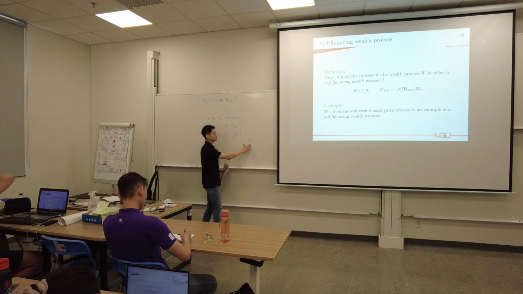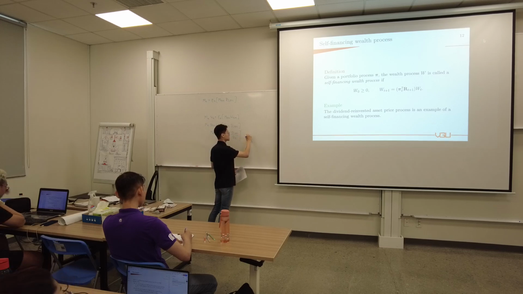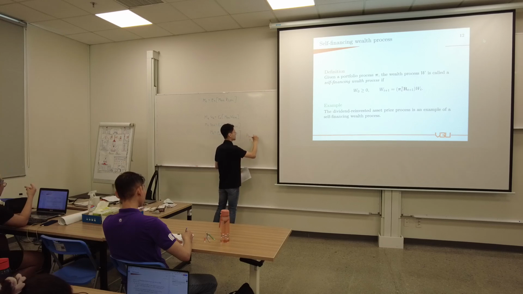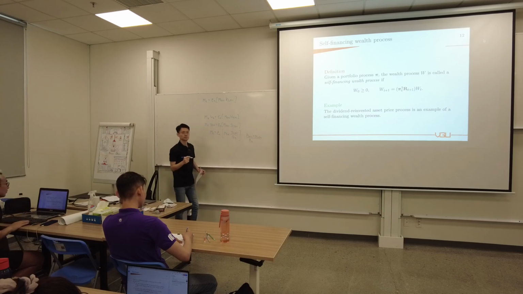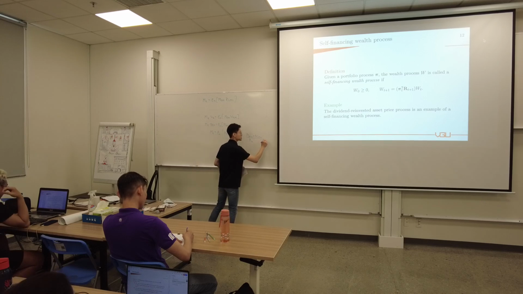For the first period we buy PIT of it. And one period later, we get the IT plus 1 and the dividend, right? So this is what we get. And what is this ratio? This ratio is just the total return.